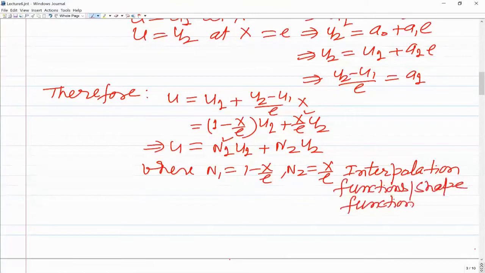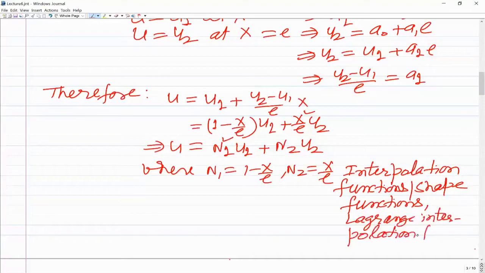Why this terminology? In this case they are also referred to as Lagrange interpolation functions. Why this terminology? Because once you know u1 and u2, where u1 is the value of u at node 1 and u2 is the value of u at node 2, then to get the value of u anywhere between nodes 1 and 2, we use these functions.